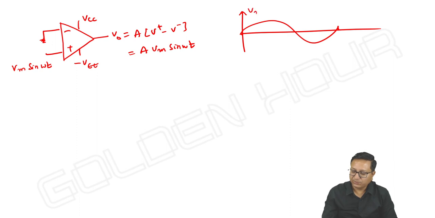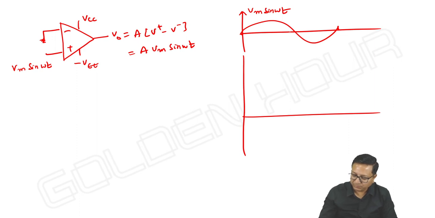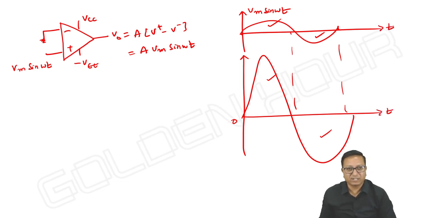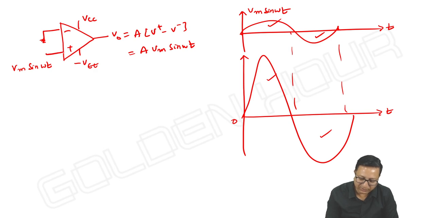There is no negative sign here, which means the output is an amplified version of the input. If the input is positive, the corresponding output is positive; if the input is negative, the corresponding output is also negative. So there is no inversion at all, hence the name non-inverting input. The earlier one is performing inversion, and this one is not performing any inversion. So this terminal is denoted with a positive sign: non-inverting input.